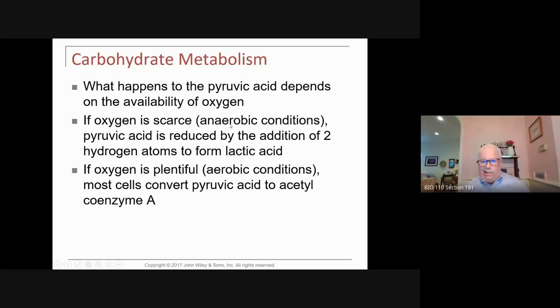When you have oxygen, plentiful, known as aerobic conditions, most cells will convert pyruvic acid to acetyl coenzyme A and will continue normal carbohydrate metabolism.